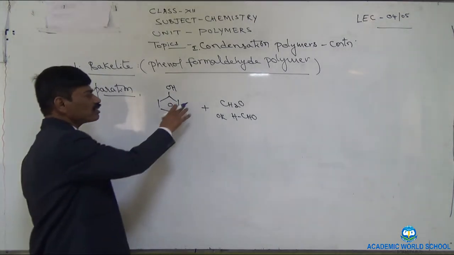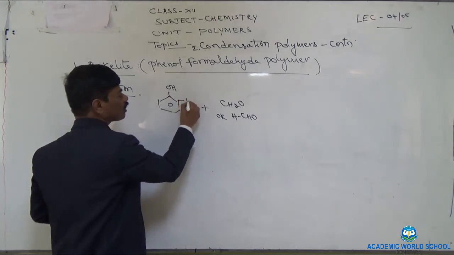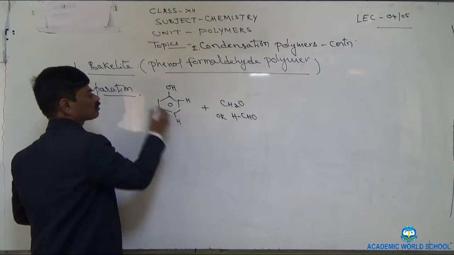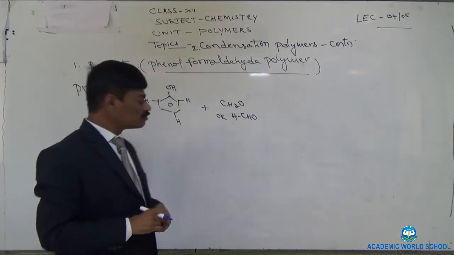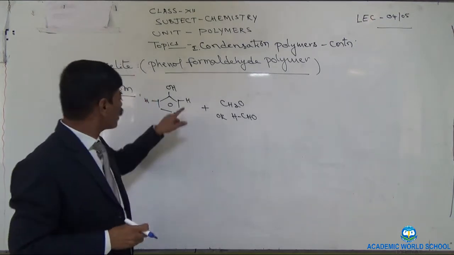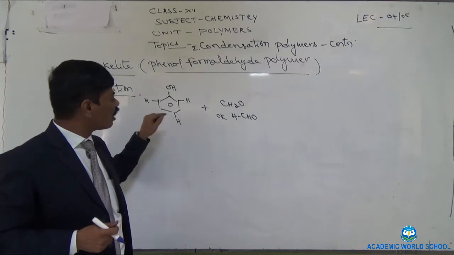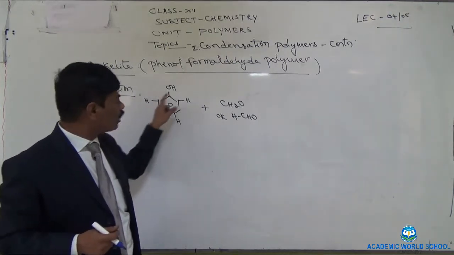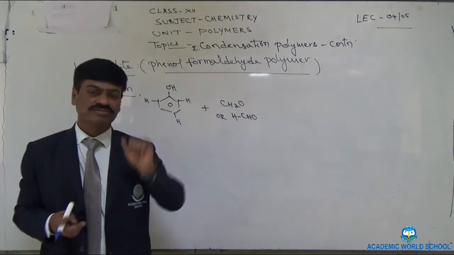In the case of benzene ring of phenol, all 5 corners contain one hydrogen atom each. And I have shown 3 hydrogen atoms, 2 hydrogen atoms at ortho position and 1 hydrogen atom at para position, because we are going to see how these 3 hydrogen atoms are replaced by the second reactant.